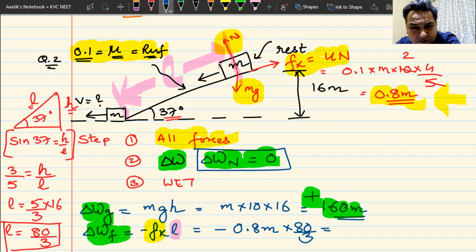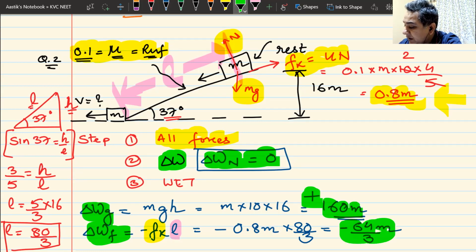Since I've just made this problem, the values are not coming very nice, but doesn't matter. 0.8 m multiplied by 80 will be equal to 64. So 64 by 3m would be the answer in the negative. Work done by friction would be equal to minus 64 by 3m. So far, so good. Can I have some raise hand that we understand this?